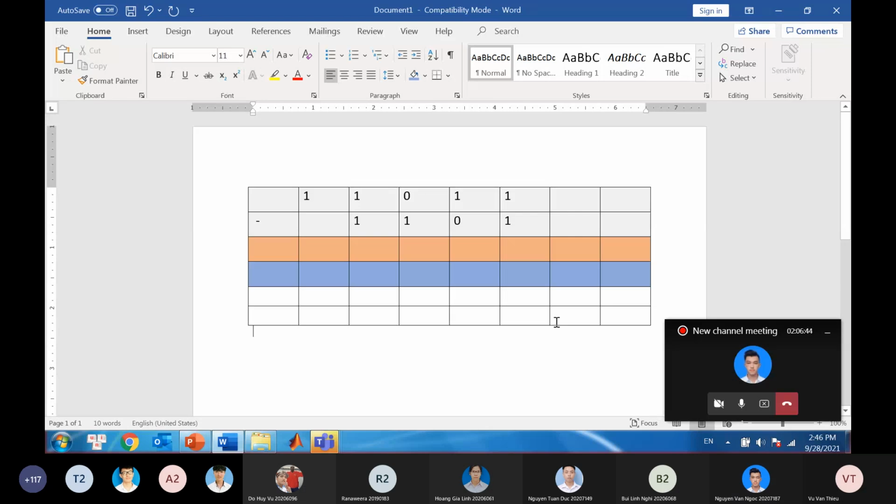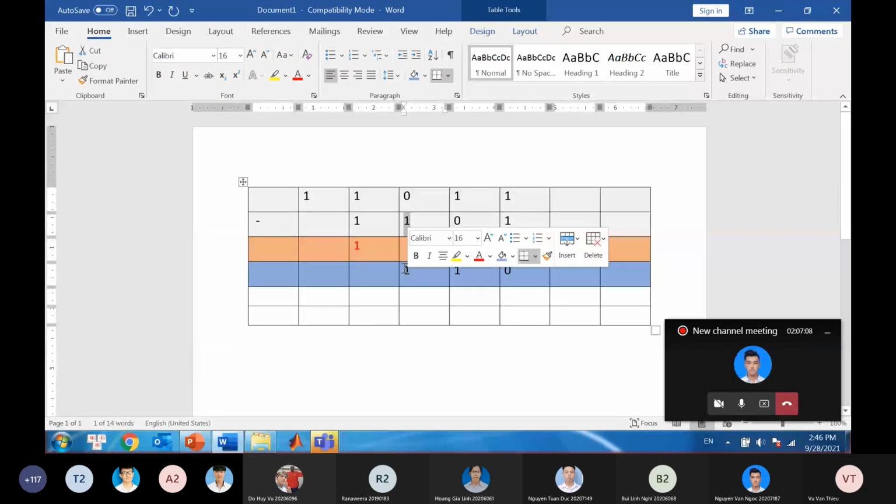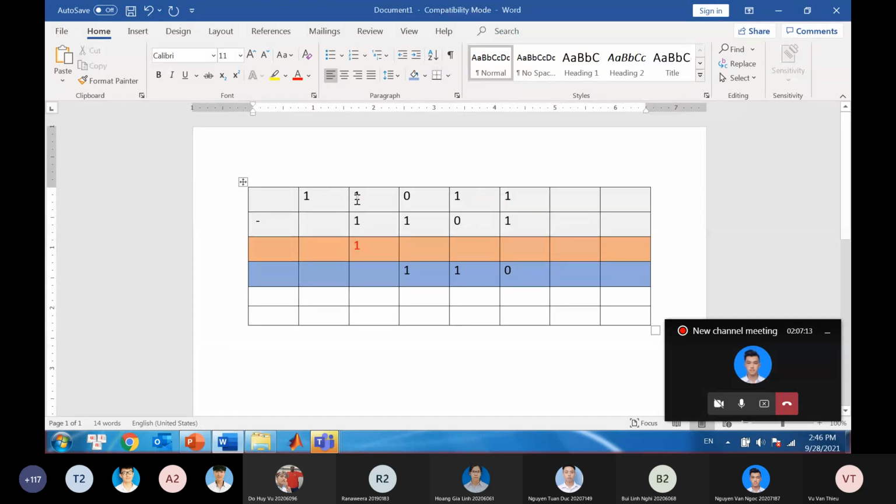Yes. Okay. 1 minus 1 equal to 0. 1 minus 0 equal to 1. Okay. 0 minus 1 equal to 1, right? And we need to borrow 1 here. Okay, so 0 minus 1 equal to 1, and we need to borrow 1 here. 1 minus 1 equal to 0, right?